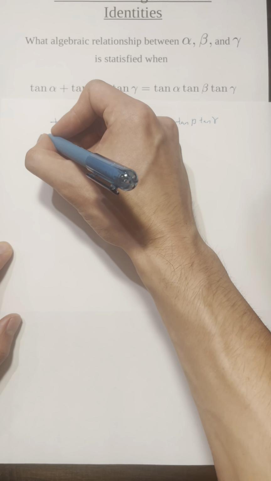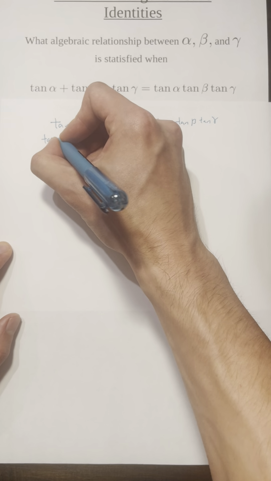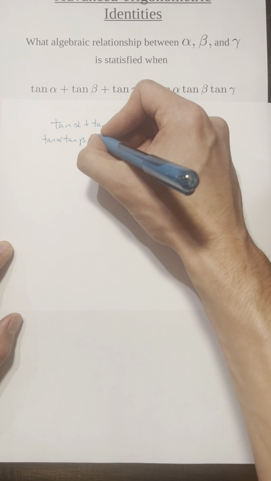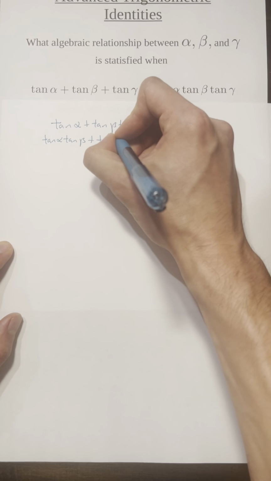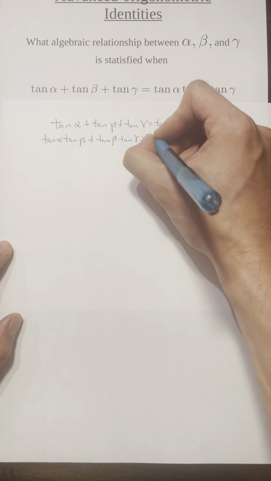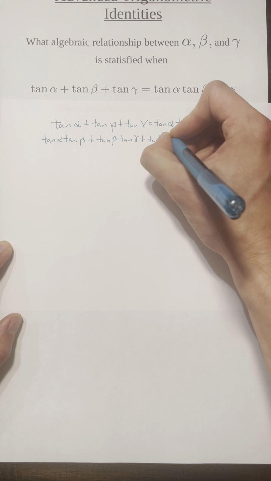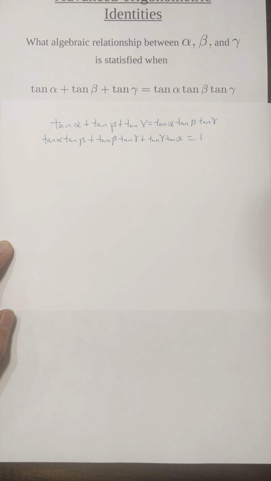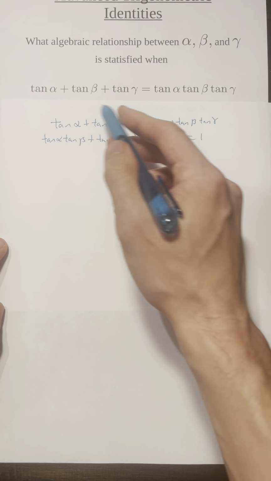Okay, so tangent alpha times tangent beta plus tangent beta times tangent gamma plus tangent gamma times tangent alpha is equal to 1. Okay, so how do we address this case?